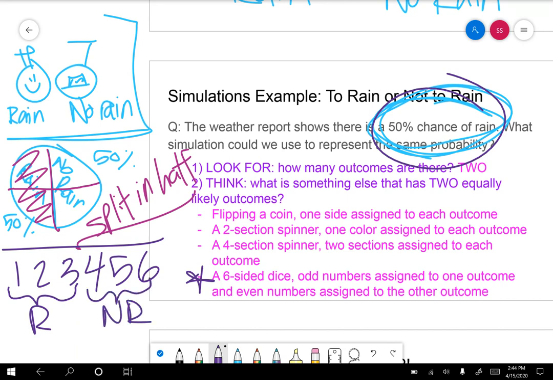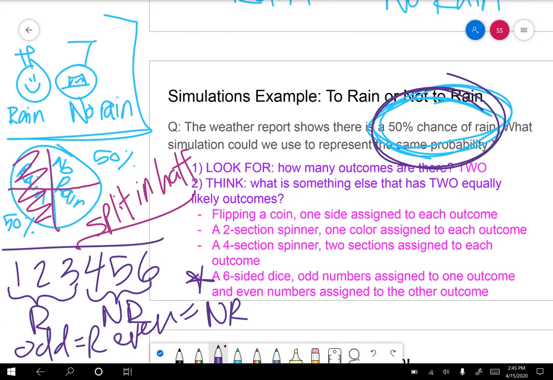Or maybe we say that odd numbers equal rain and even numbers are no rain, right? So anything you can split up into 2 different sections or 2 different outcomes that are equally likely could be used for this particular problem as a simulation.